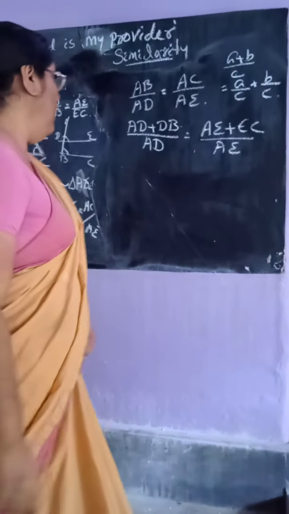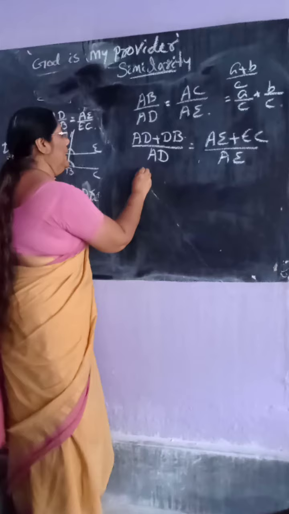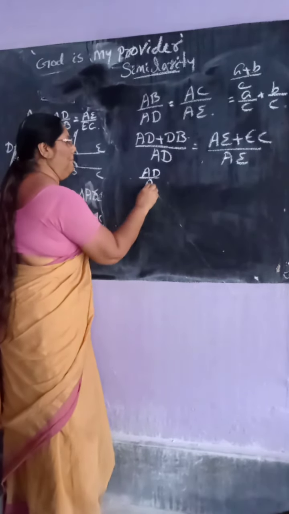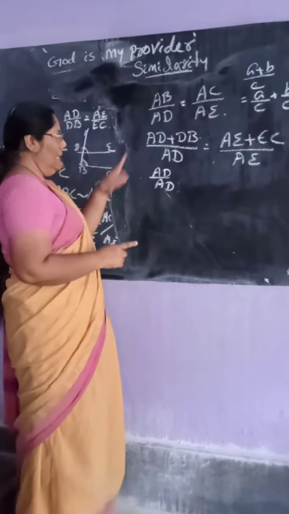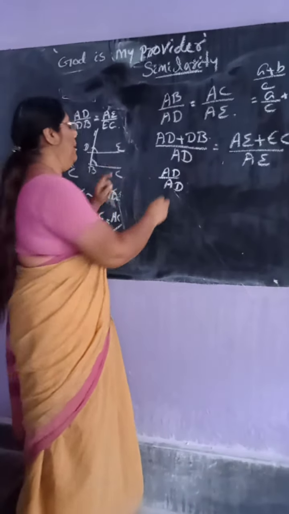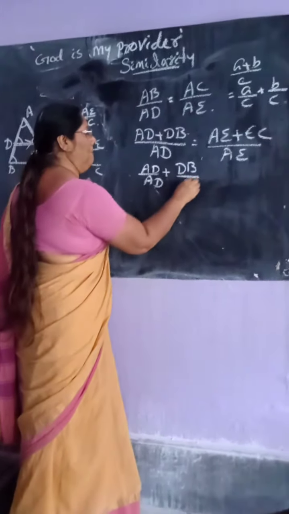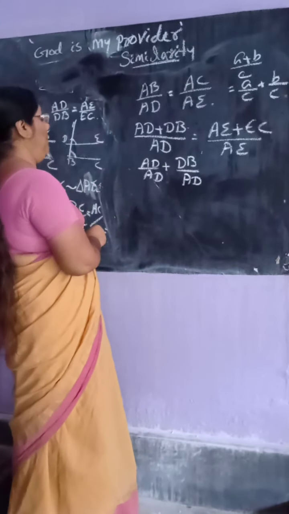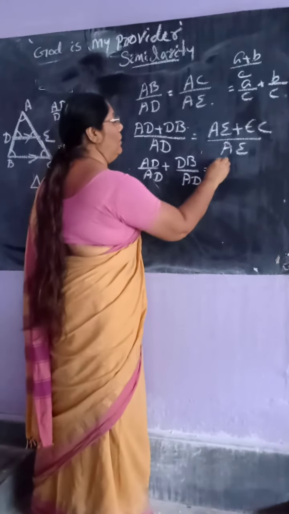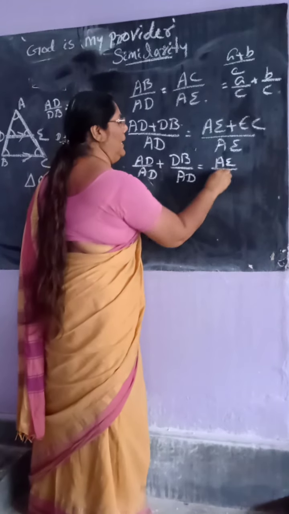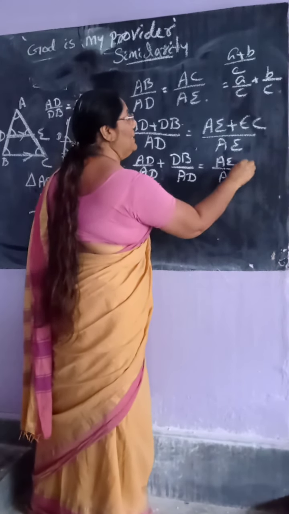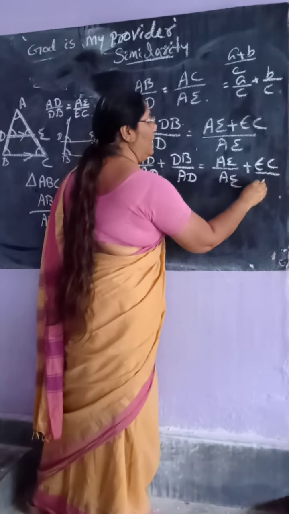Understand? Now you can write this as AD by AD plus DB by AD is equal to AE by AE plus EC by AE.